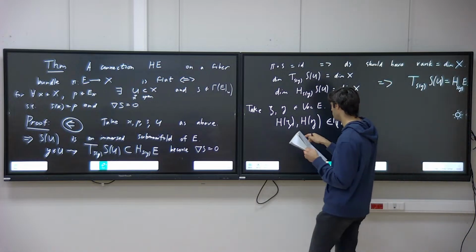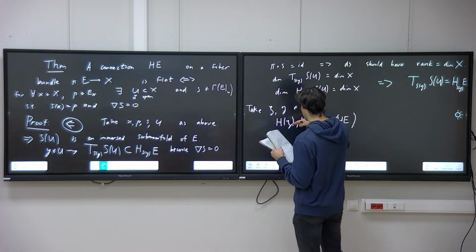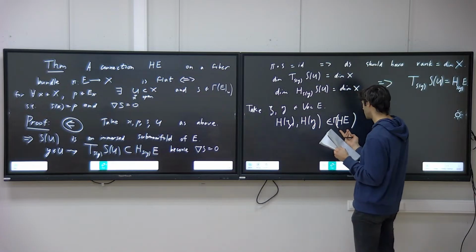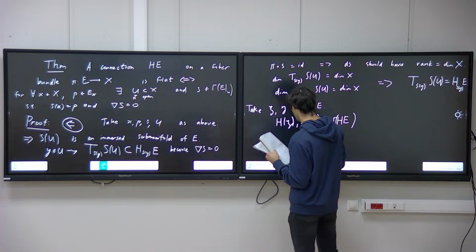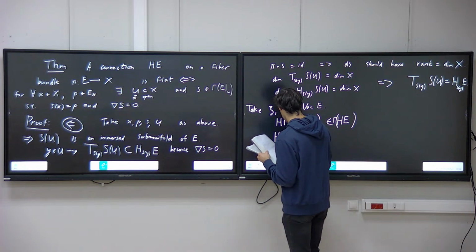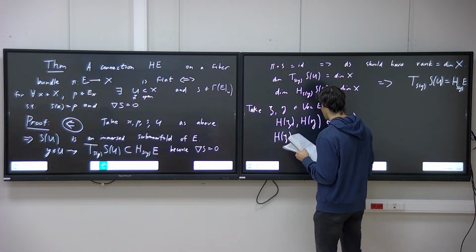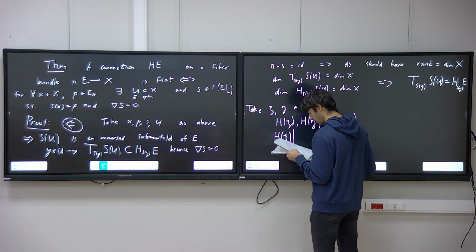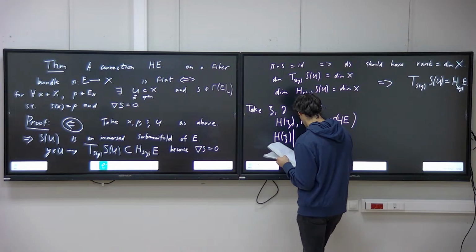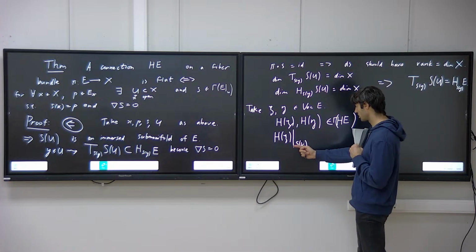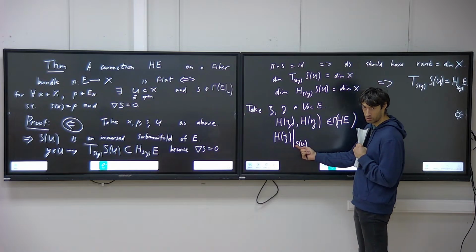But also, since this is true, I can restrict both of them to S of U, and this will be a vector field on S of U then, right?